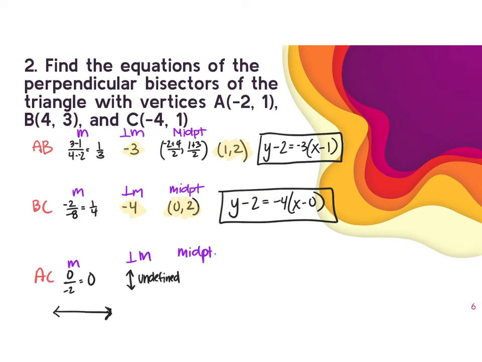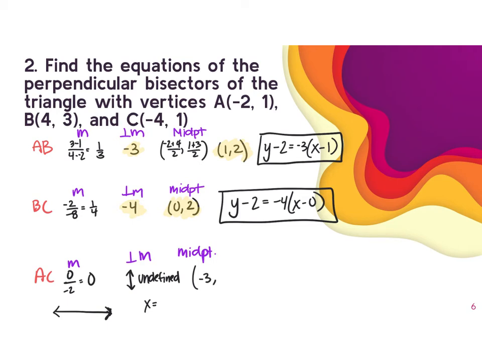Now let's remember, with our undefined slope and our vertical lines, they're going through x. So let's remember that those are always the x equals. So when we're considering our midpoint, we want to know what the x value is. We're going to find the whole midpoint, but the x value is what's going to be most helpful for us in this problem. So add the x's, divide by 2, we get -3.